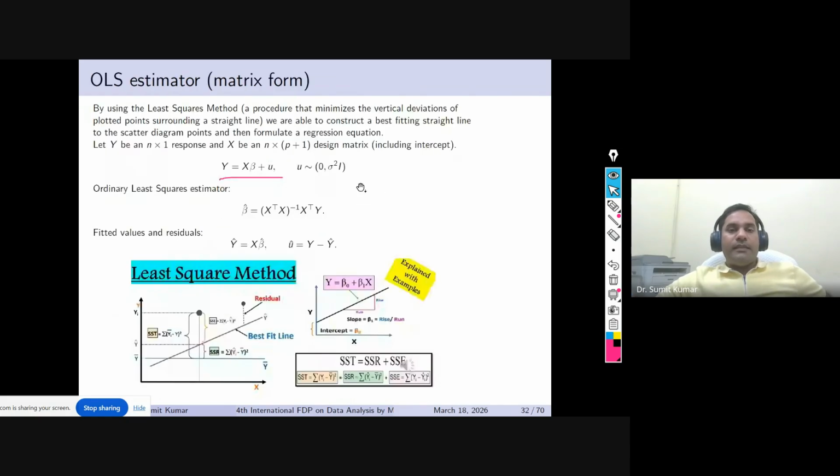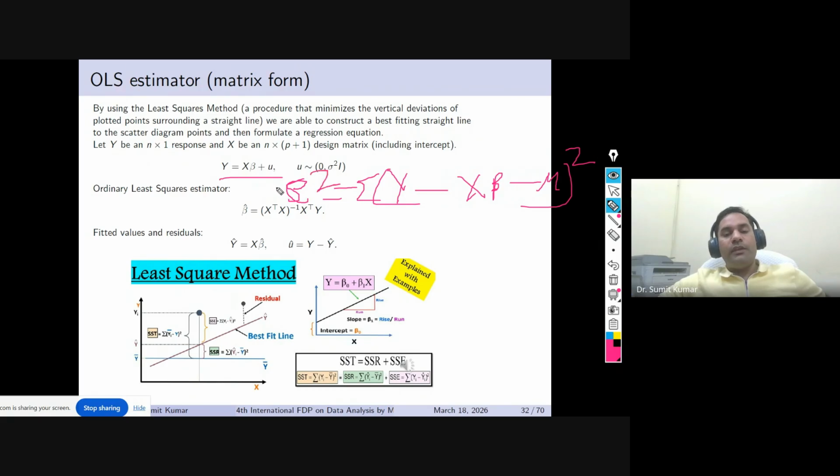So for the variance, by using this equation, basically you are taking the difference y minus x beta plus minus mu and taking the square of this, and taking the summation, or you can define it as error e, summation of e square.